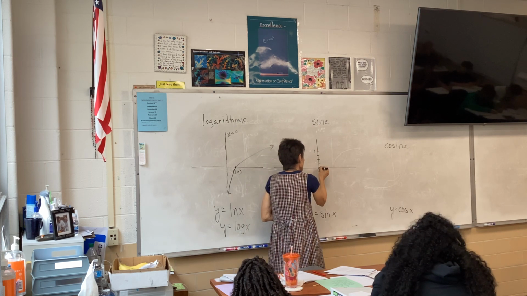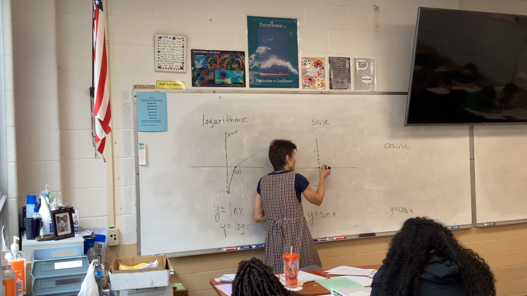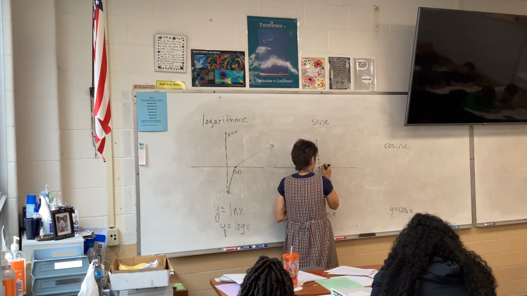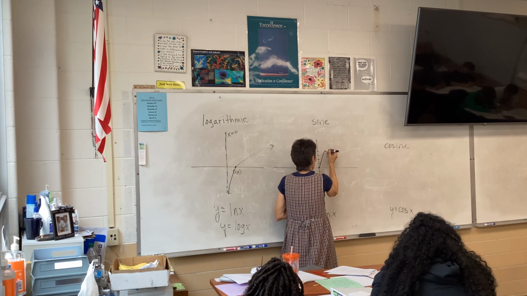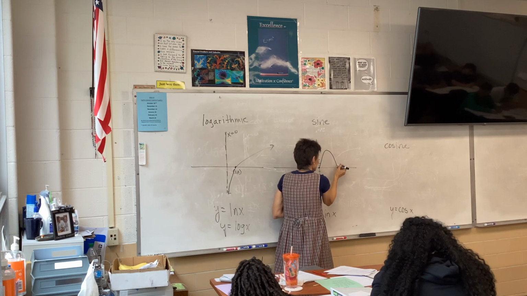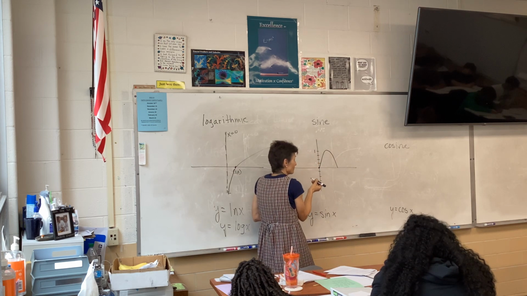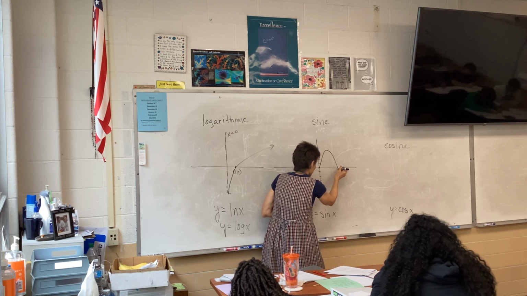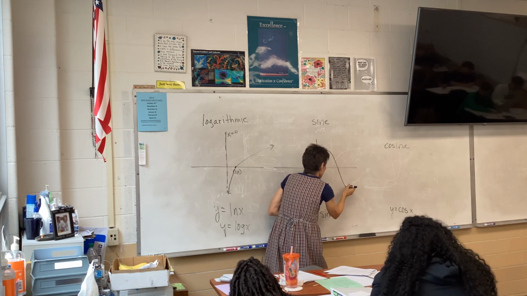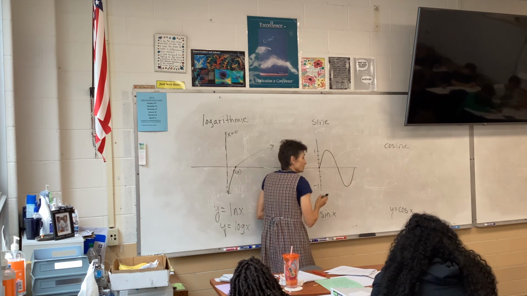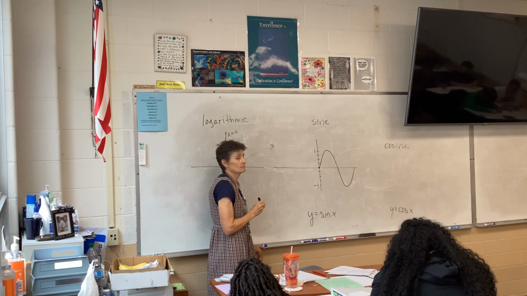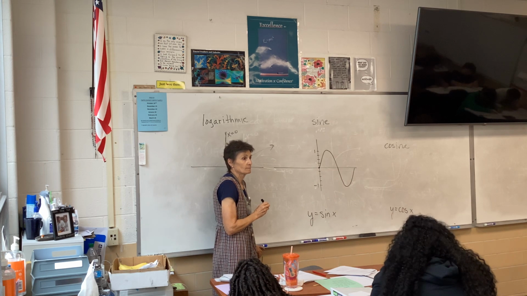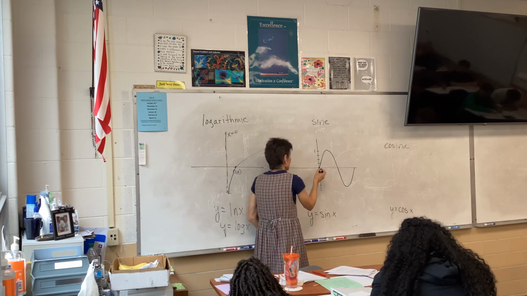Put a dot at the origin, draw a hill that goes up to 1 and then comes down. Then draw a valley that goes down to -1 and up to 1. And then the same thing in the other direction.